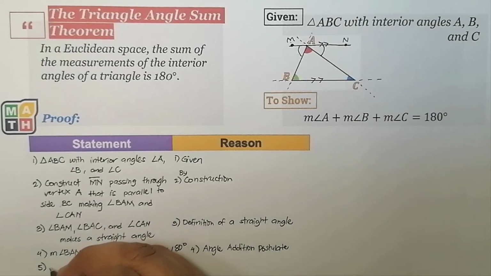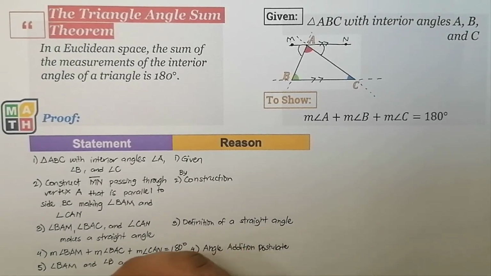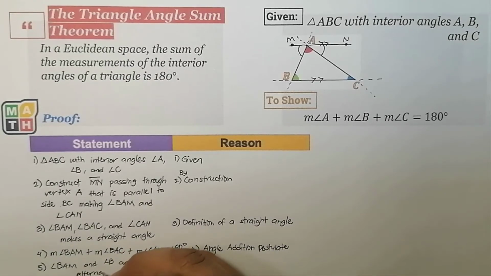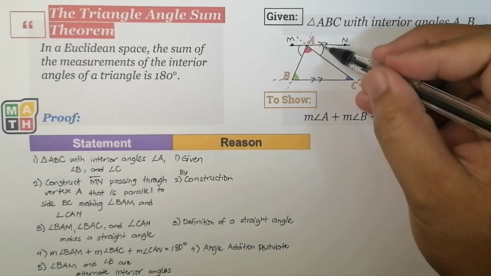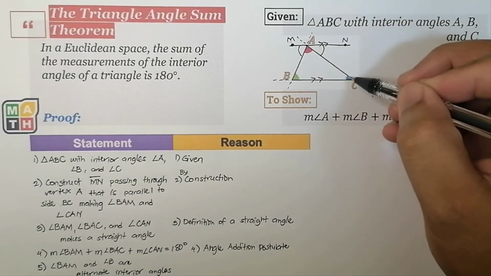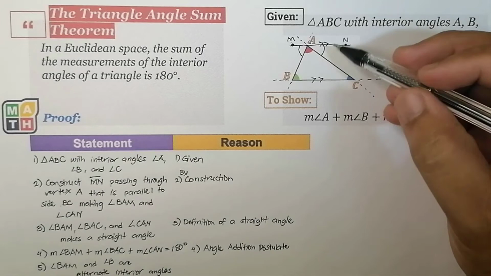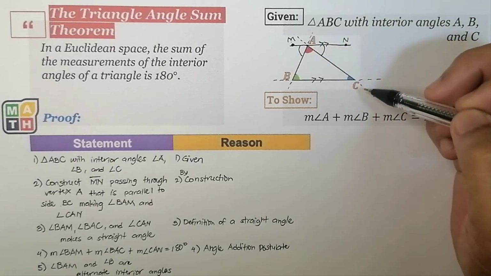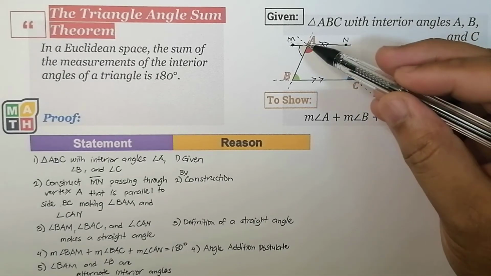So I can state here that angle BAM and angle B are alternate interior angles. The same can be made true as well with angle CAN here and the angle C, since they may be considered as alternate interior angles when we consider extension of side AC as a transversal line cutting the same parallel lines here. Notice like this and that.